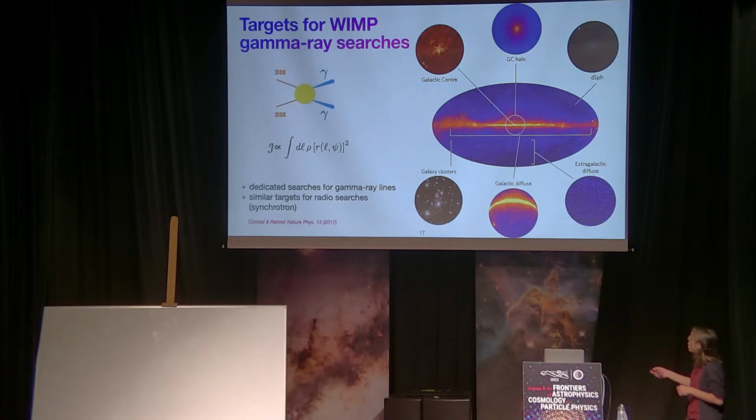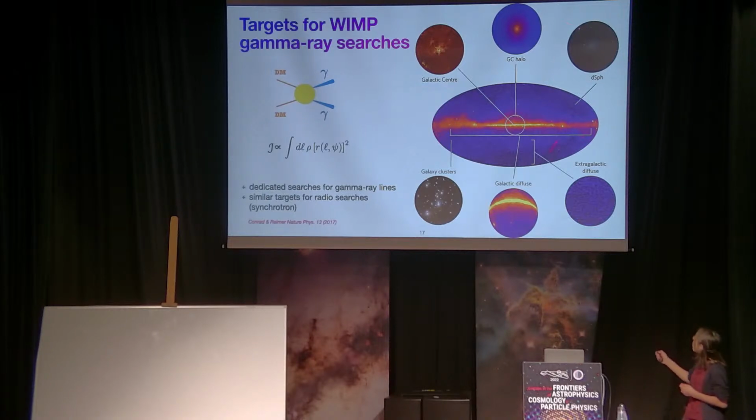So there are several targets that have been identified. From the point of view of dark matter, if you have cusps, so strongly peaked profiles towards the galactic center, you expect the galactic center to be the place where your signal is the brightest. However, there is also large contamination from the galactic diffuse emission that we discussed yesterday, so it might not be the optimal place to look for dark matter because of the signal to noise ratio.